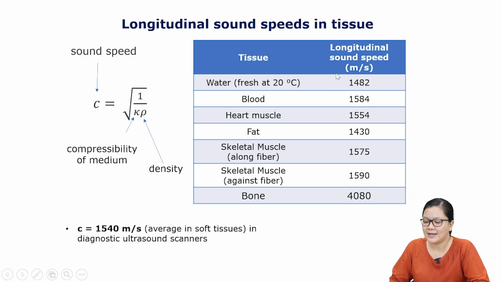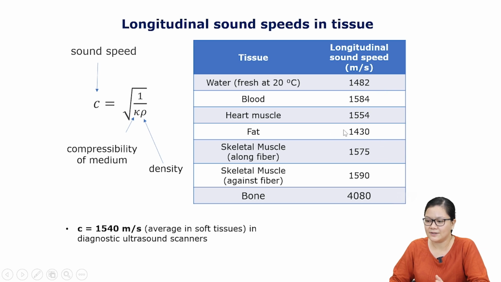You can see here that different tissues have various longitudinal sound speeds. Water, for instance, fresh water at 20 degrees, has about 1482 meters per second. Since much of the body is mainly comprised of water, you can see how these sound speeds fall within the range that is centered around the water longitudinal sound speed.